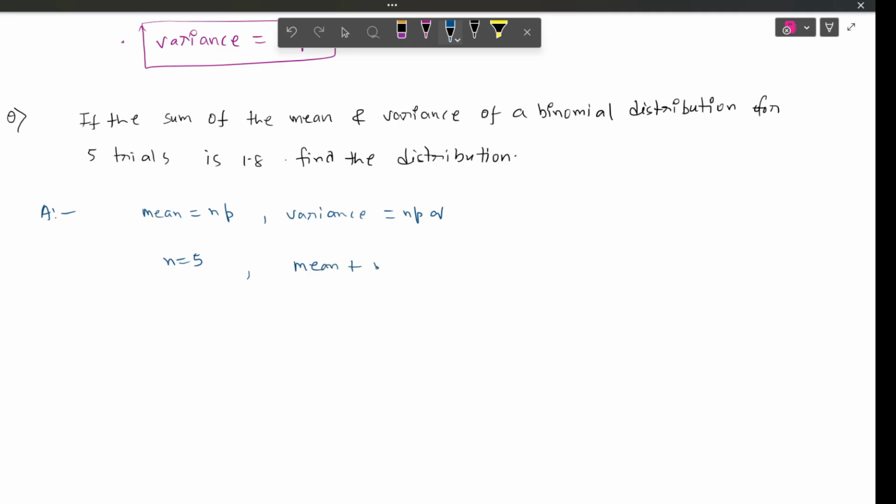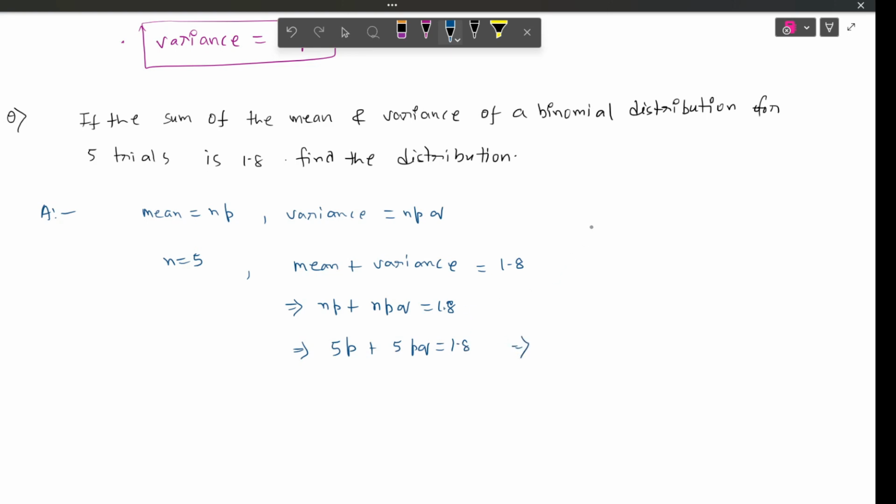So mean plus variance is given as 1.8. Okay. Now this should be np plus npq is 1.8. What is n? 5. So 5p plus 5pq, that is 1.8.